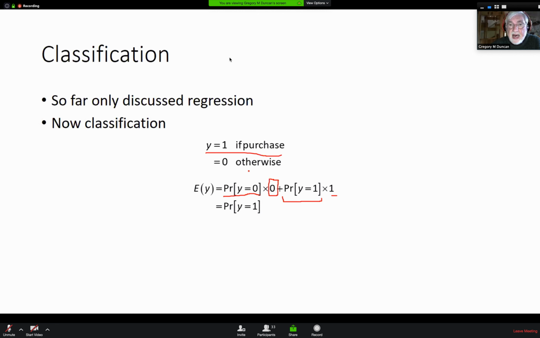If you do that, you get a 0 here, and you get probability equals 1 times 1, or the probability y equals 1. This is a really important thing: the expected value of a dummy variable is the probability that it's equal to 1.